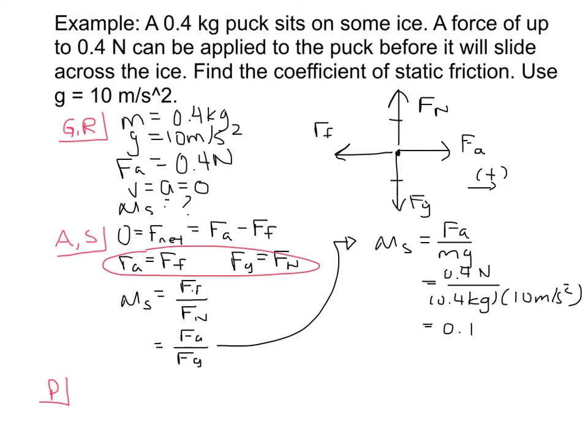And just take a look at this here. Since we have kilograms times meters per second squared, the denominator here is in newtons, so our units divide out. So coefficient of friction is unitless, and this should happen every single time you use or calculate the coefficient of friction. It should be unitless.